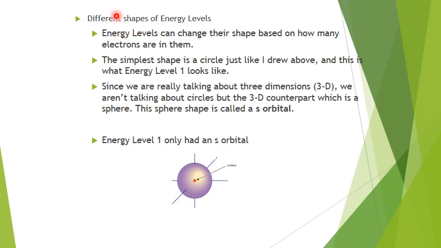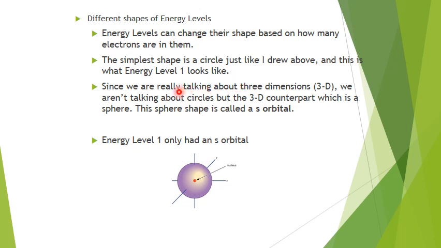All right, next thing we're going to do is, it turns out the energy levels aren't always circles or round. They can change their shapes based on different things. The simplest shape that an electron can exist in is a circle, or since we're dealing with 3 dimensions, it's called a sphere.